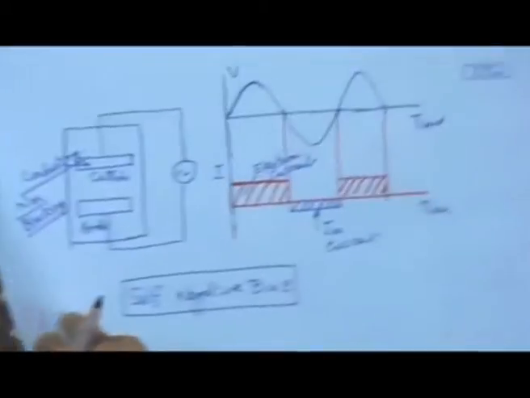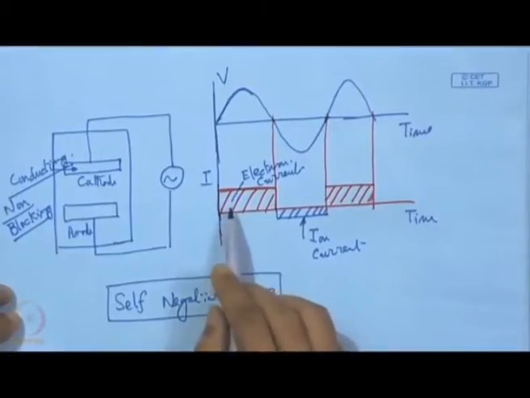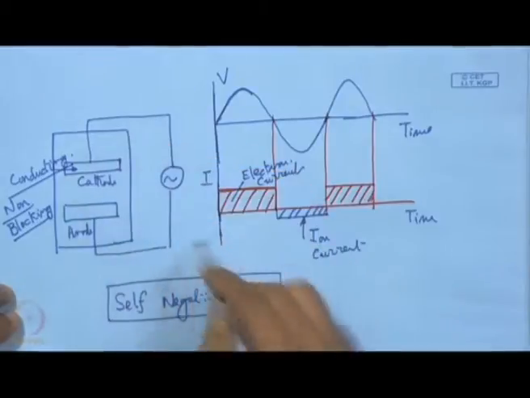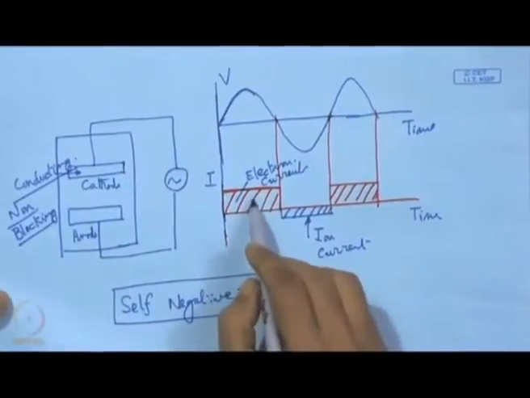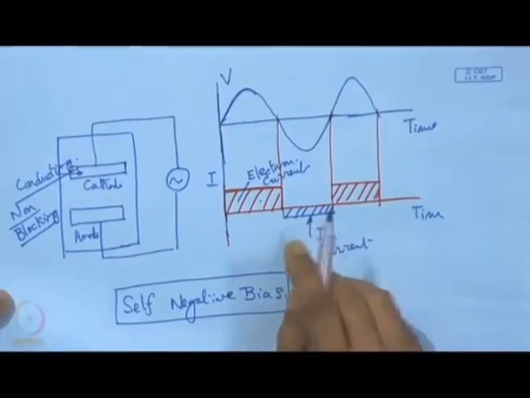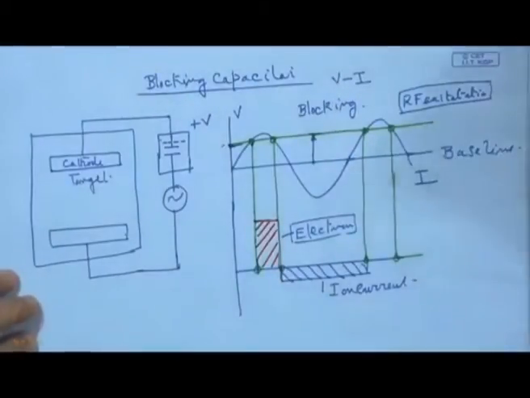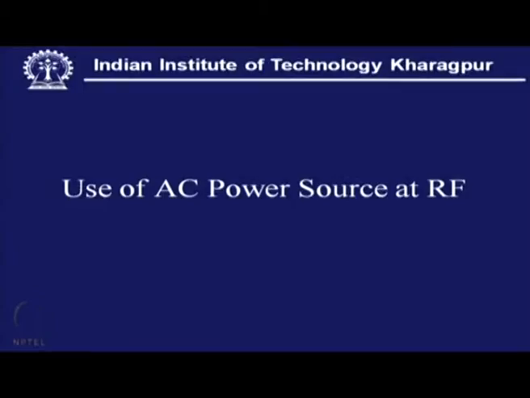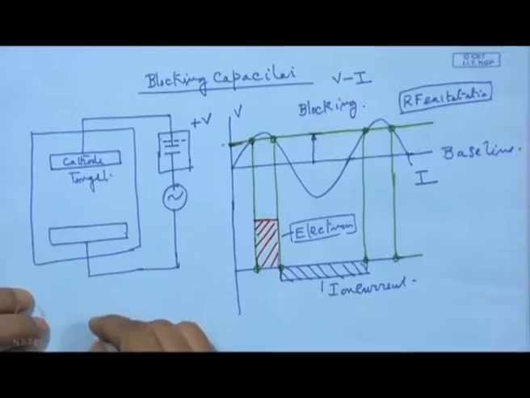When it is non-blocking, we can see that there is a flow of current through this circuit, and in this case the electron current and ion current are not numerically equal. So the whole question is the use of an AC power source at a radio frequency, which is a very high frequency.